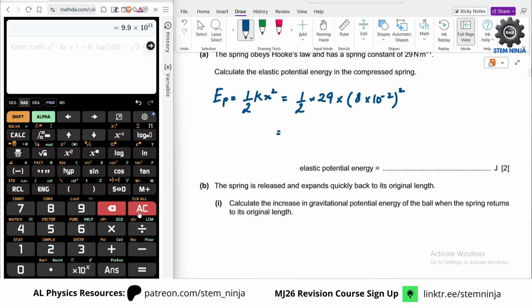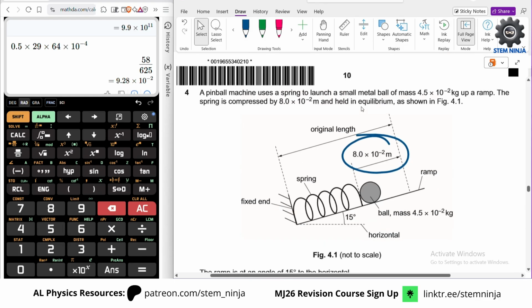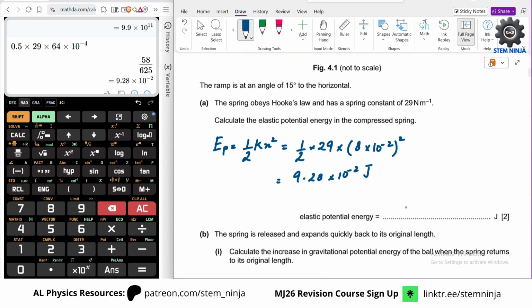So this would be 0.5 times by 29. 8 squared is 64, and that would be 10 raised to the power minus 4. We have 9.28 times 10 raised to the power minus 2 joules. Right, okay. 9.3 times 10 raised to the power minus 2 joules.